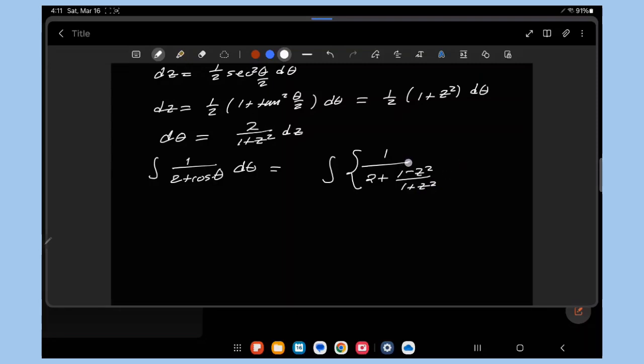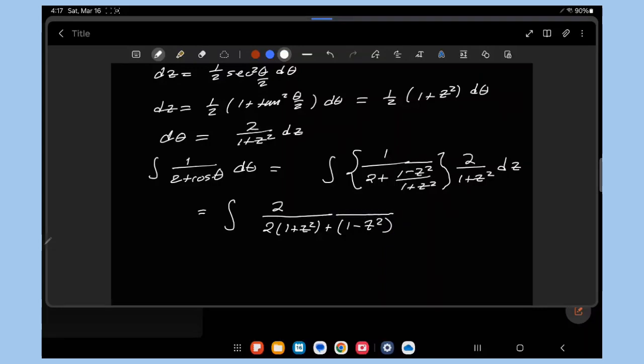And then d theta was 2 over 1 plus z squared dz. Now, multiplying the denominators together, we can simplify that integral to the integral of 2 divided by 2 times 1 plus z squared plus, still in the denominator, 1 minus z squared dz.